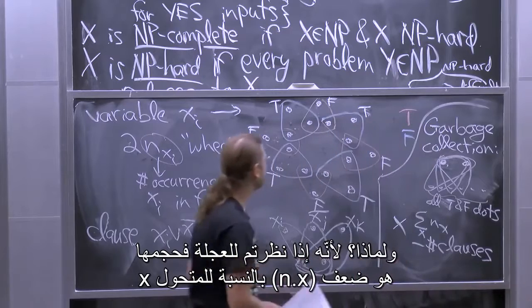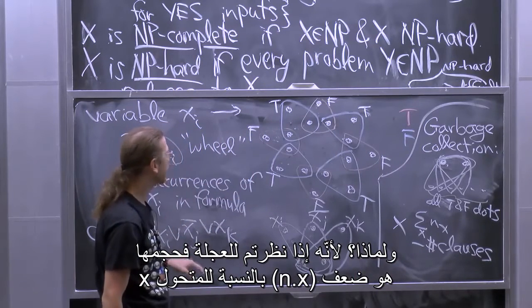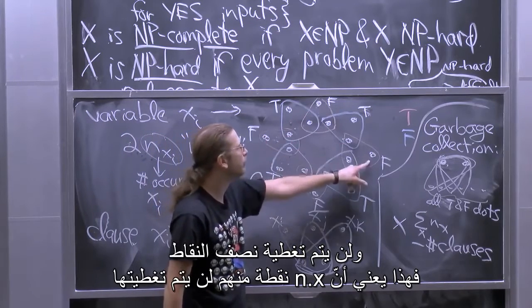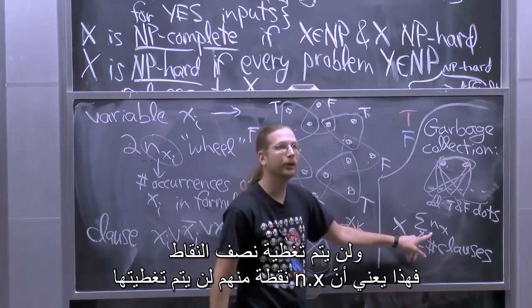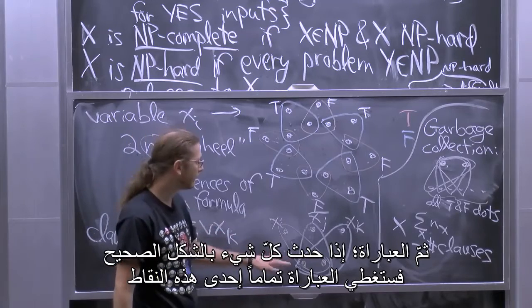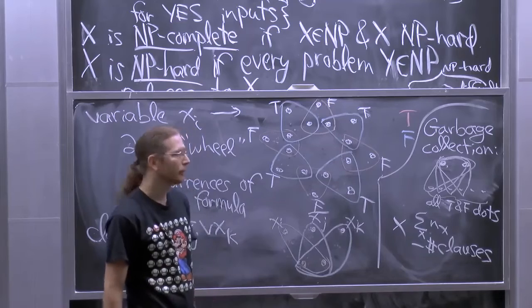Why? Because if you look at a wheel, it has size 2 times nx for a variable x, and half of the points will be left uncovered. So that means nx of them will be uncovered. Then the clause, if everything works out correctly, will cover exactly one of those points.